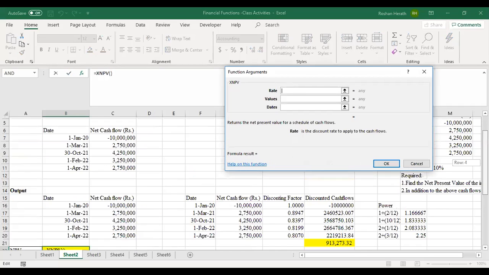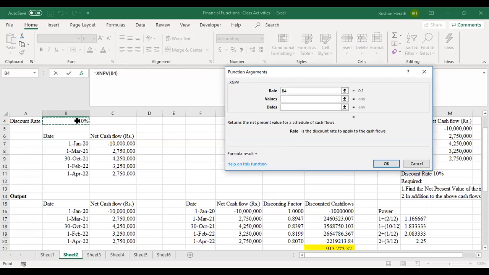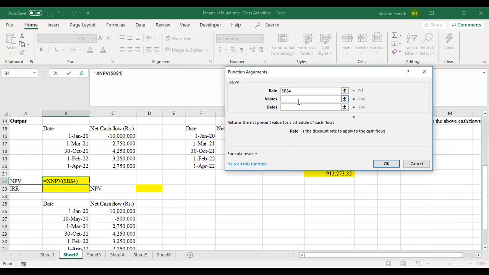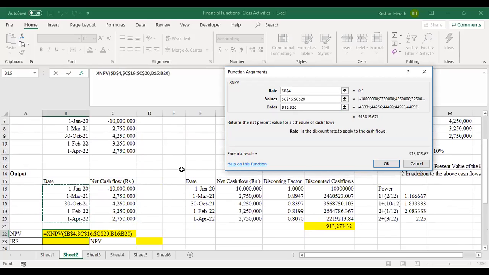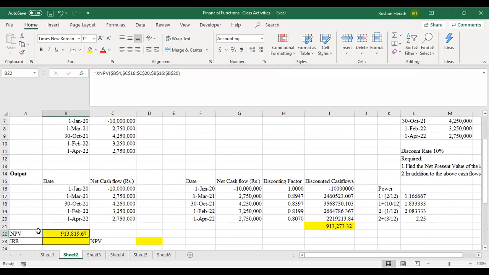The rate taken was 10%, the discount rate, and the values were taken. When it comes to the values, you need not make any distinction of year 0. You may select all the cash flows. Better make it constant. And the corresponding dates have to be given. So you have selected the corresponding dates there, and you can say okay, and see the answer you get.